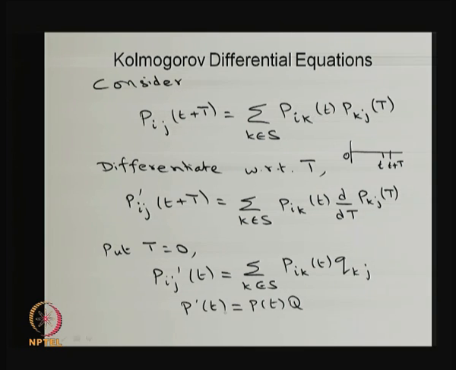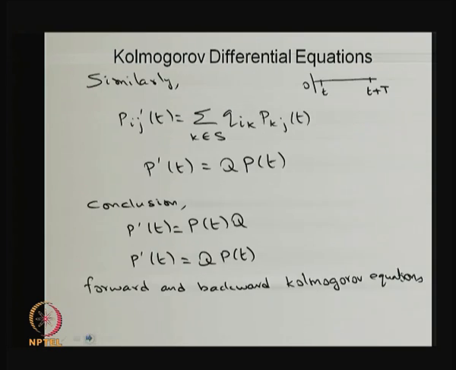This equation is called the forward Kolmogorov differential equation, because the derivation goes from 0 to t, then t to t plus capital T, which we are considering as a very small interval of time. Therefore, this equation is called a forward Kolmogorov differential equation.